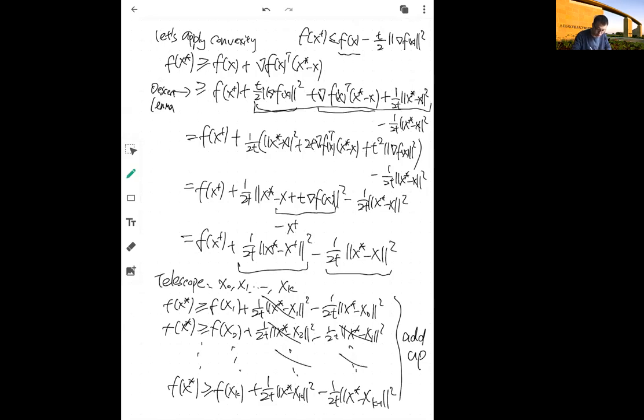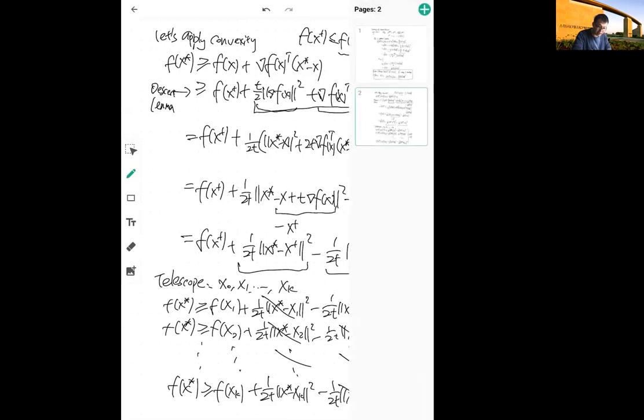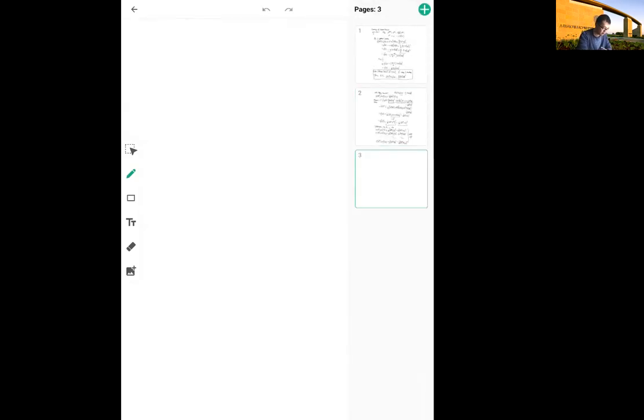So after this, we end up getting k times f star on the left-hand side, and this is larger than the sum over i from 1 to k of f of xi on the right-hand side, plus these additional terms, all the leftovers, that's 1/2t.